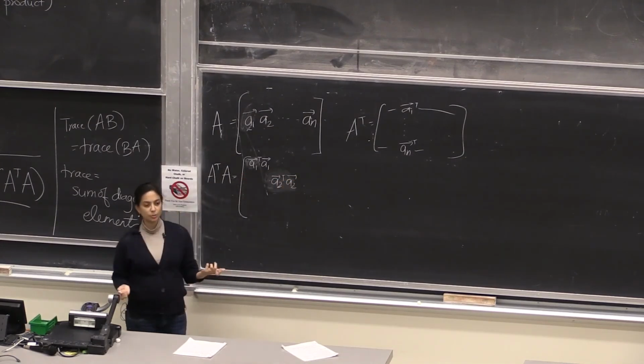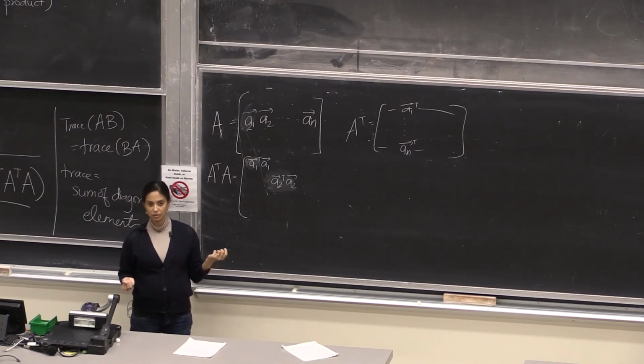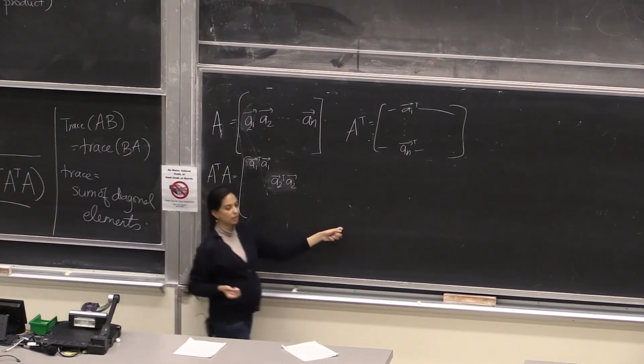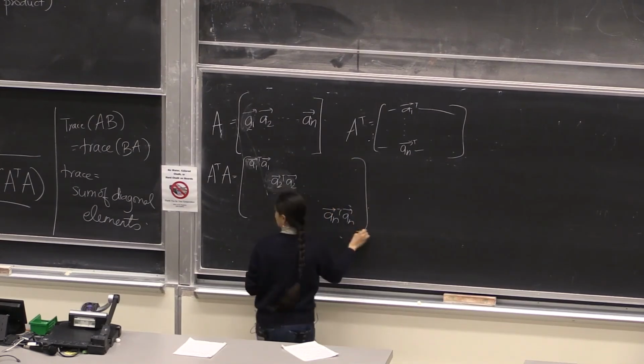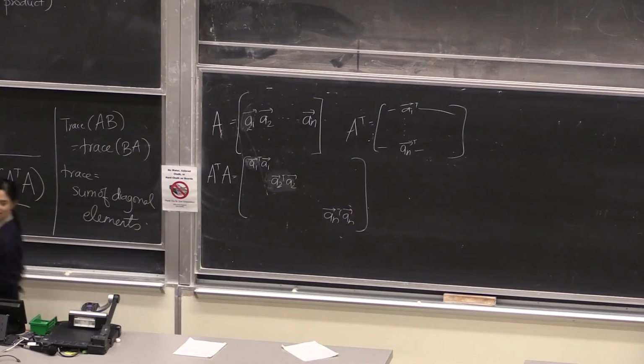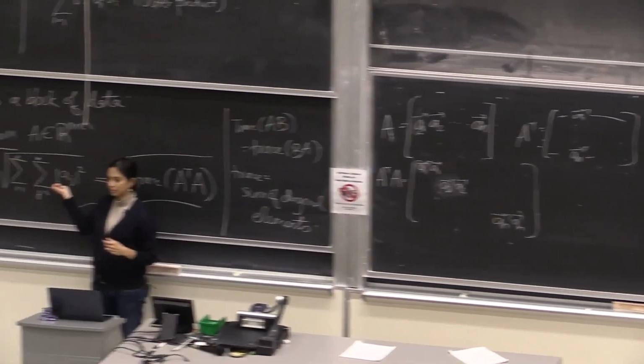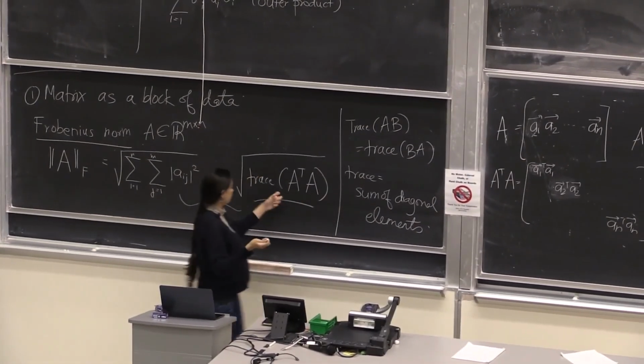And what is A1 transpose A1? It's the 2 norm squared of A1. This is the 2 norm squared of A2. What am I going to get? The 2 norm squared of AN, all the way at the bottom. And is that exactly equal to this? Do you see how these two are equal?